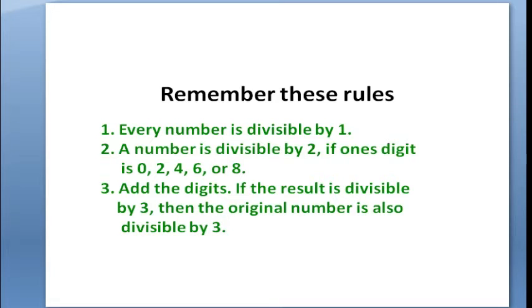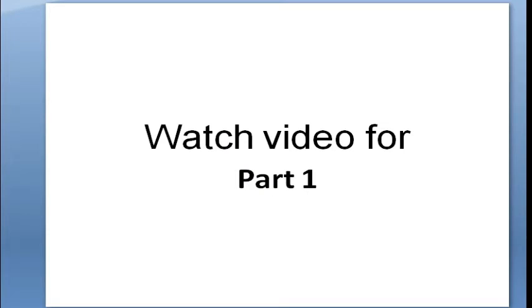The rule number 3 is, add the digits. If the result is divisible by 3, then the original number is also divisible by 3. Students, remember these rules while watching the video, and next you have to watch the video for part 1.